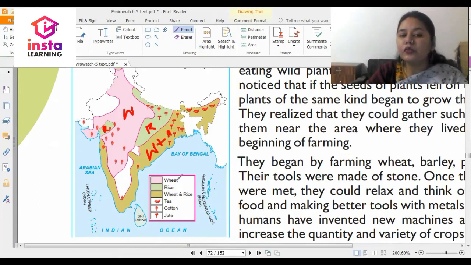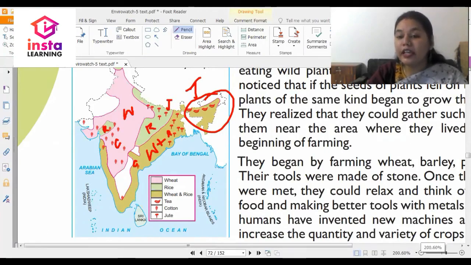Then the areas on which you see this leaf color, this particular area, these are basically your tea producing states. Then you see this figure, these are the cotton producing areas or states. And then you have this particular shape, these are the jute producing areas, right?